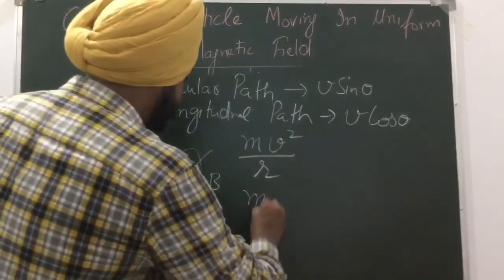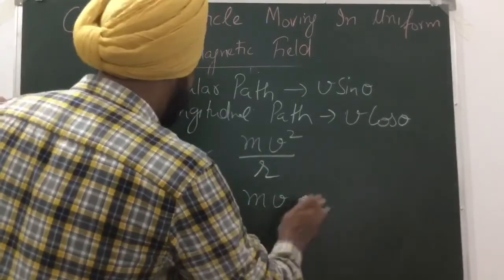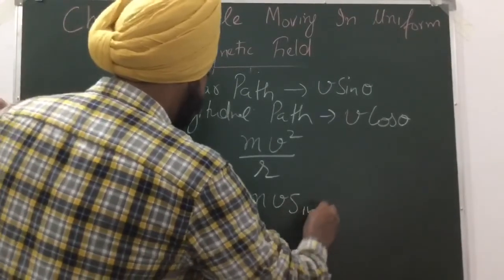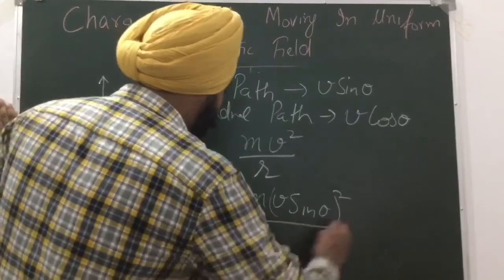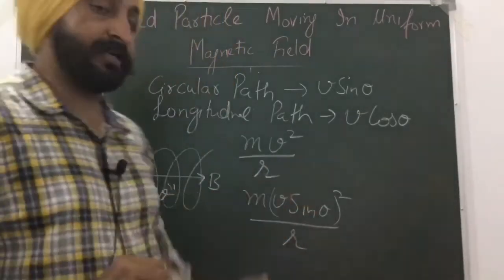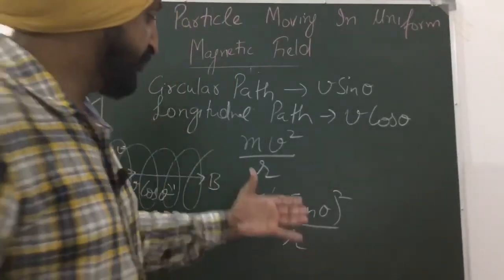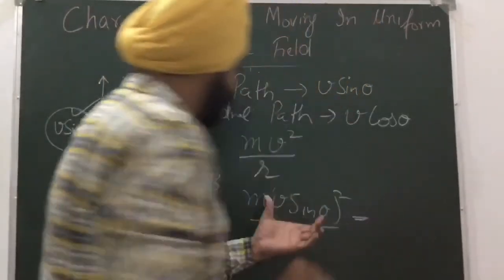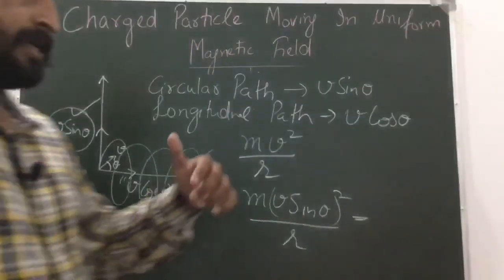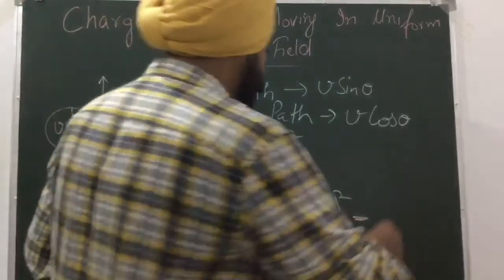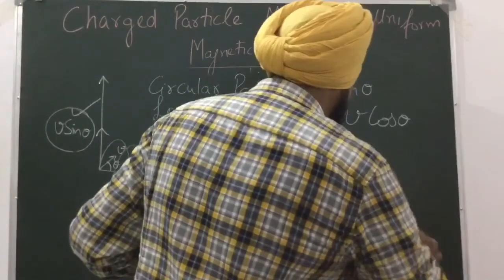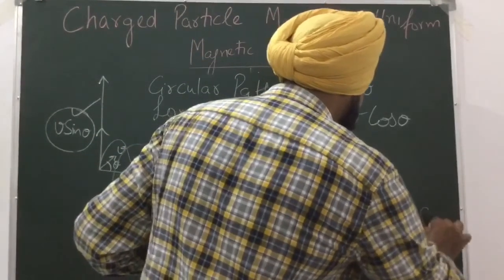So it would be m (v sin theta) square divided by R. So this is the centripetal force, and the source of this centripetal force is the magnetic force. Magnetic force is qvB sin theta.